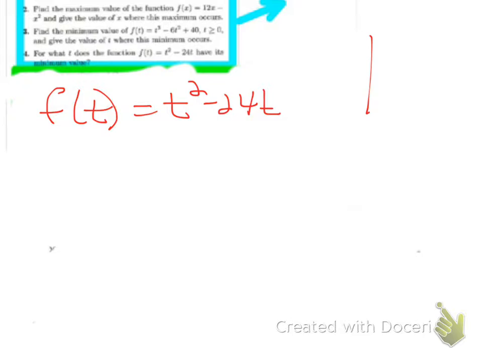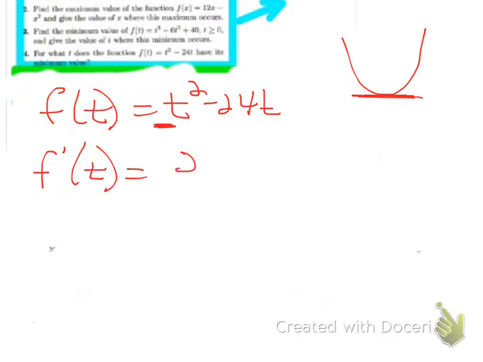The function will be this shape because the leading coefficient in front of the t squared is positive. So the critical value I get will give me a minimum just by thinking about the function.